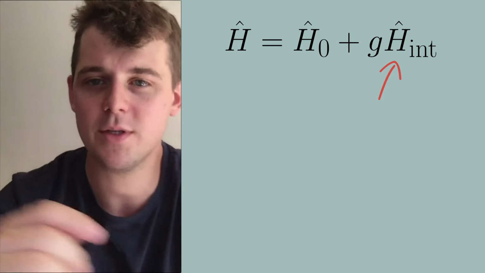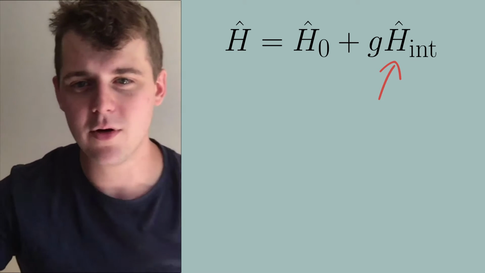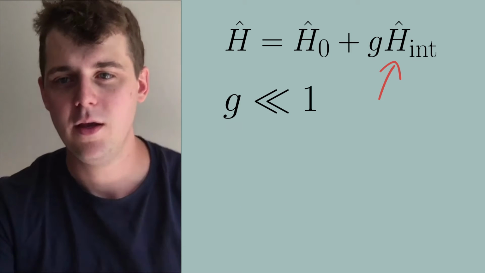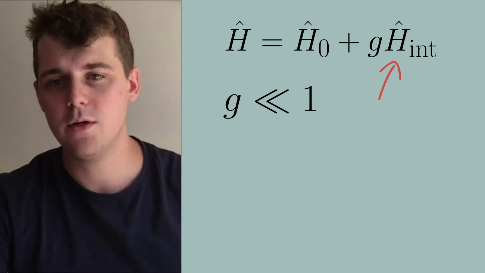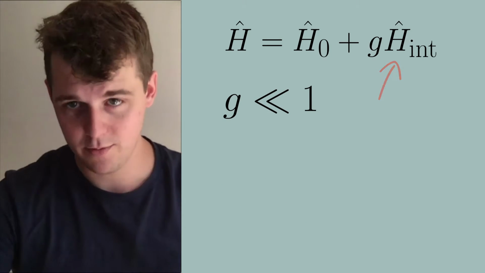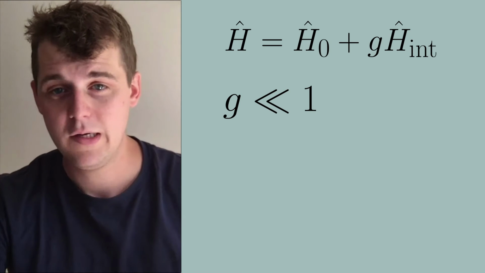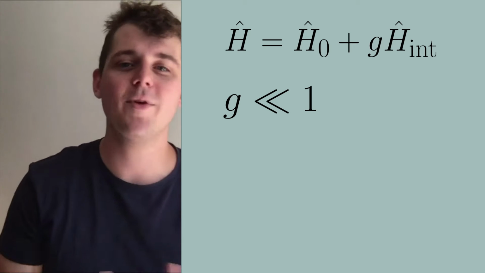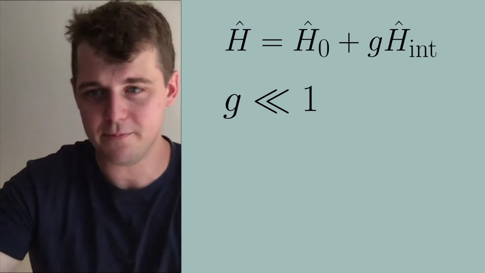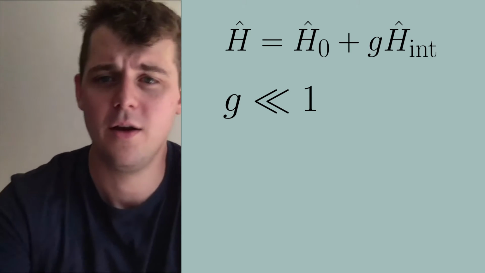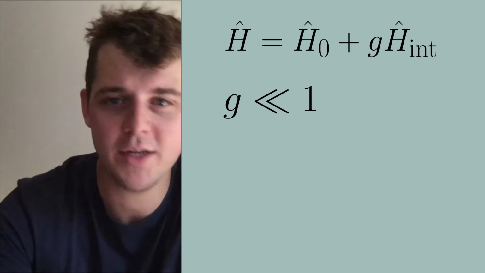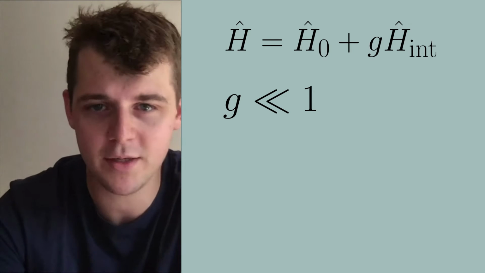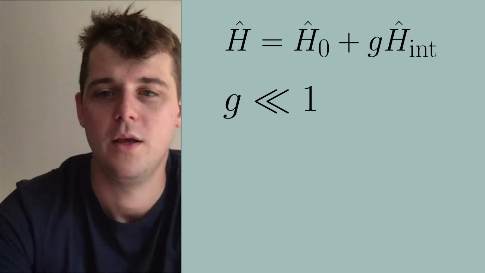And we're going to assume it's got some small parameter g in front of it. And we're going to weakly perturb in this parameter g so that we're close to the dynamics of H naught, but not exactly. And here we'll just assume that everything, H int and H naught, is time independent, just for simplicity.